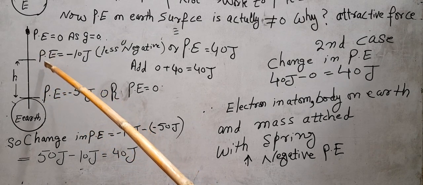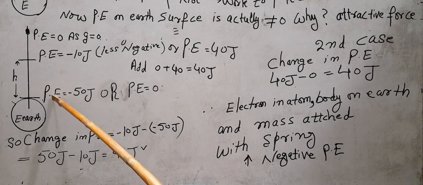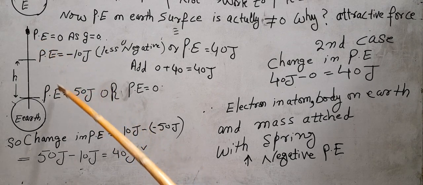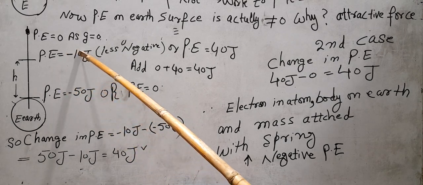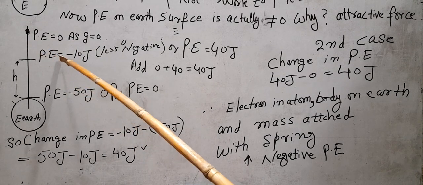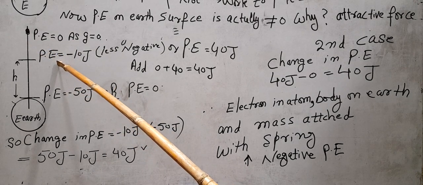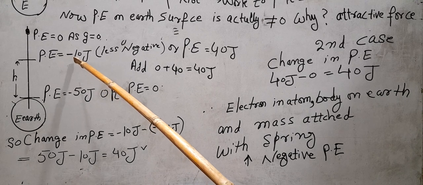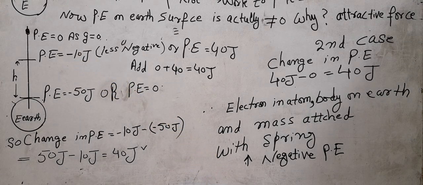It means it will become less negative. You know that when a value becomes less negative, minus 10 is greater than minus 50. Therefore, let us take that here the body is at a position where the potential energy is minus 10 joules.